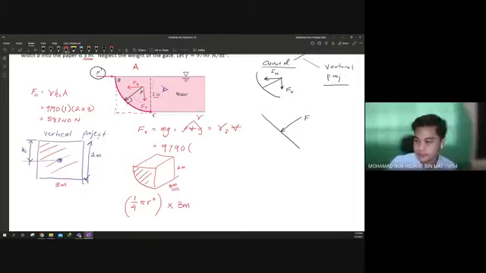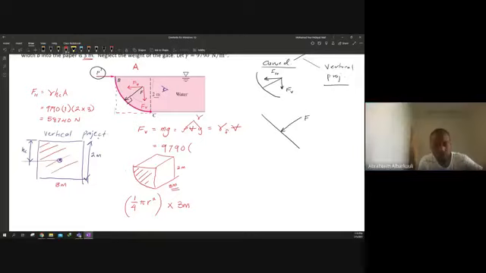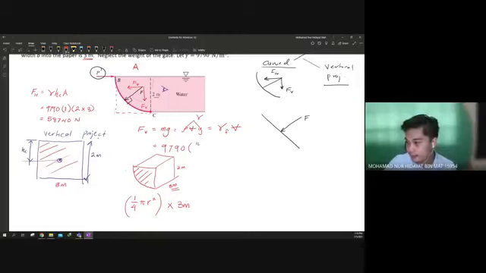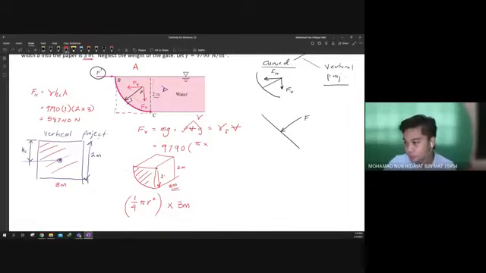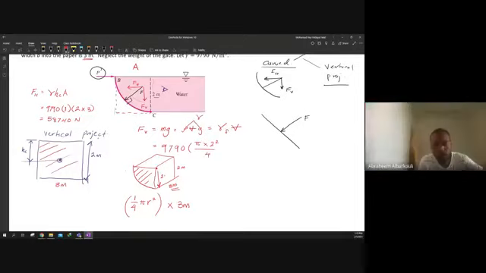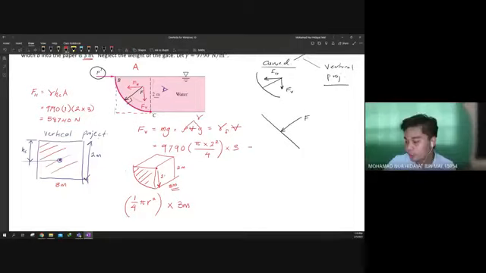Okay. So from here, pi multiplied with radius, which is from here to here, squared. So 2 squared over 4 multiplied with 3. So what's the value?